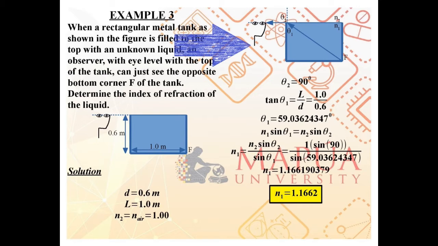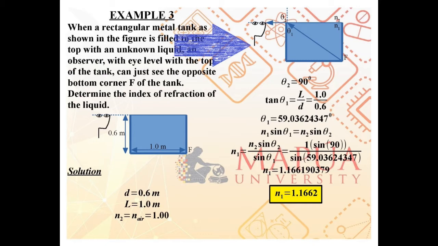Now, for point F, the opposite bottom corner of the tank, to be seen by the observer, light from point F must travel to the opposite top corner of the tank, and then from there it will travel to the eye of the observer, and point F will then be seen by the observer.